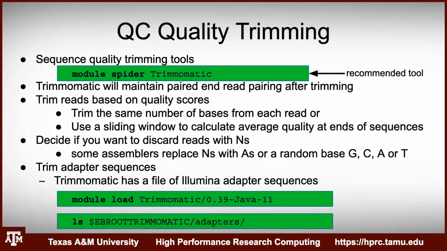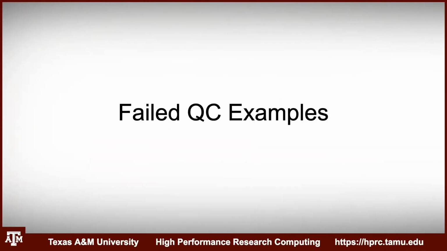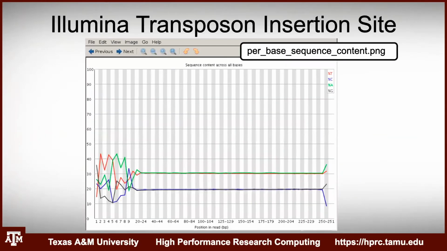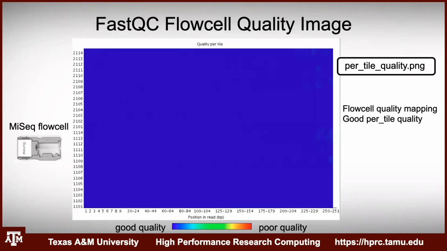So you may be tempted, if you see something like this, to trim off 20 base pairs. You trim 20 base pairs off the 5' end of every single read, and then you may want to trim 5 base pairs off the 3' end, where you get this really nice clean line. And yeah, it may look a little bit cleaner, but you're actually decreasing your mapping rates. So just something to keep in mind.